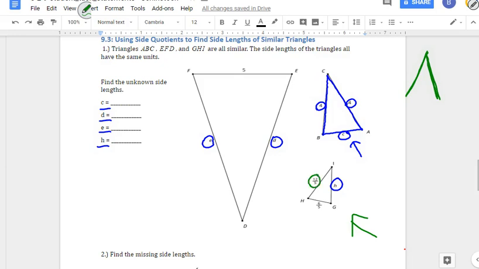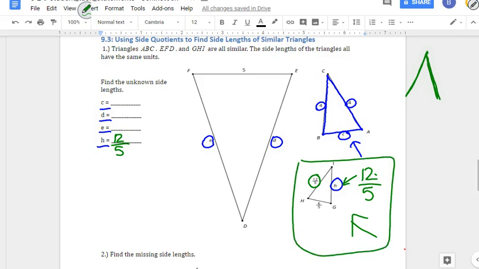So if this side length over here is 12 over 5, then that means H would also be 12 over 5 since it is an isosceles triangle. So pretty easy, we already found one of them.